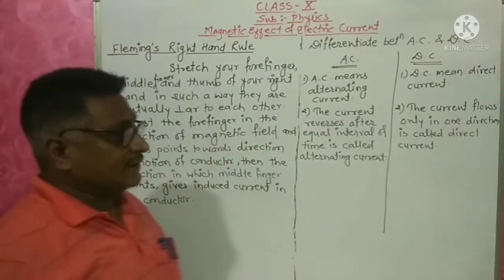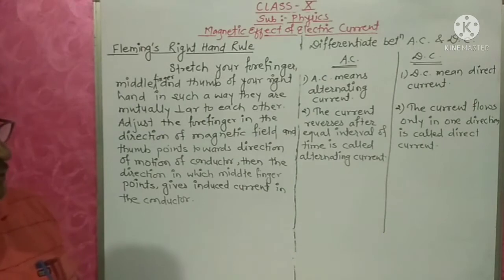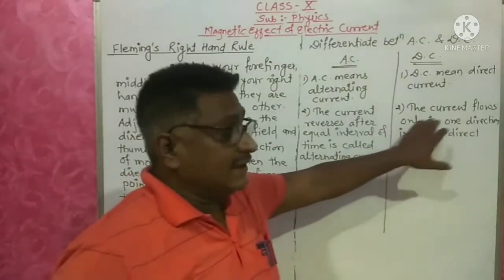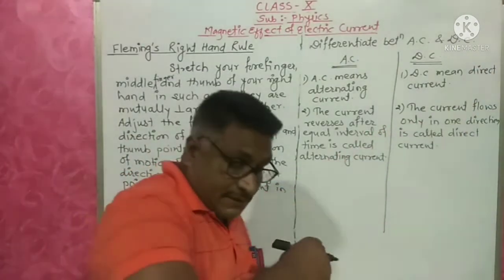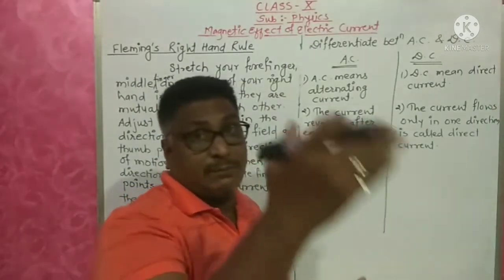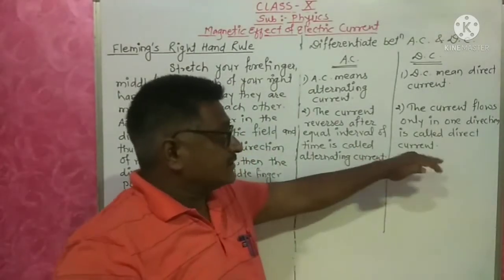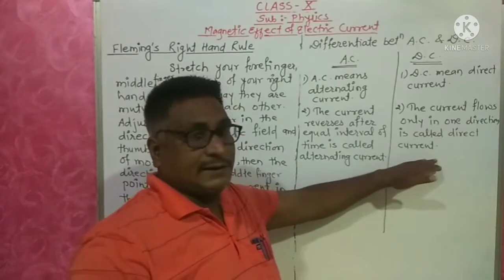What is the meaning of direct current? The current which flows only in one direction. Means if it is going straight, it will not reverse. Such current we call direct current.